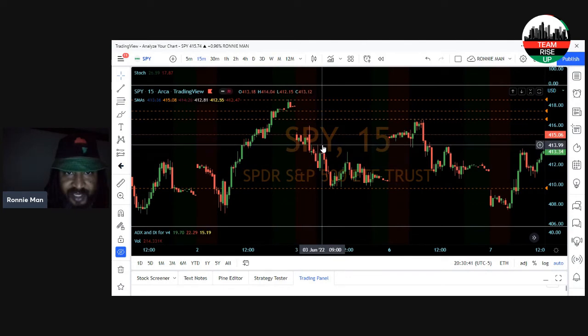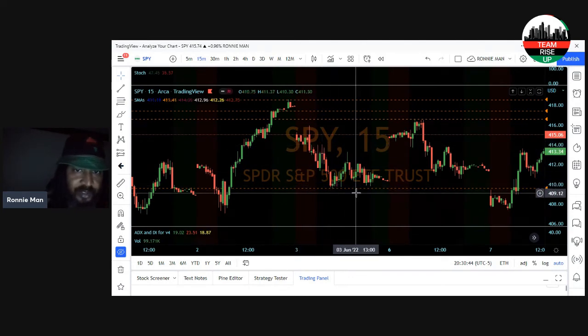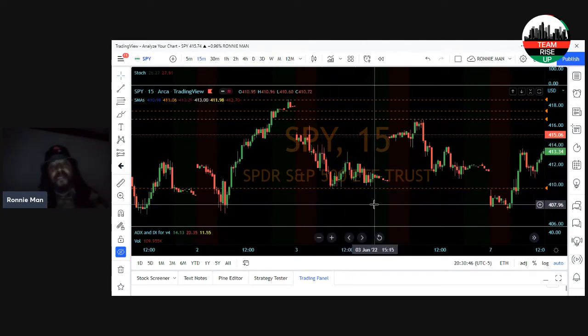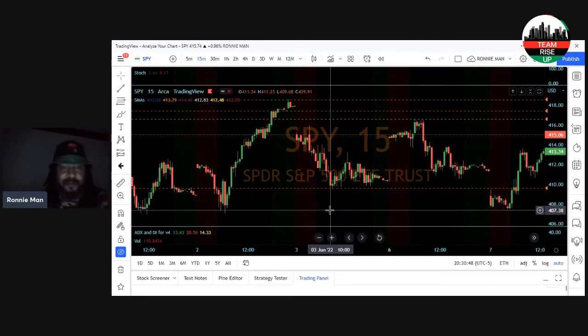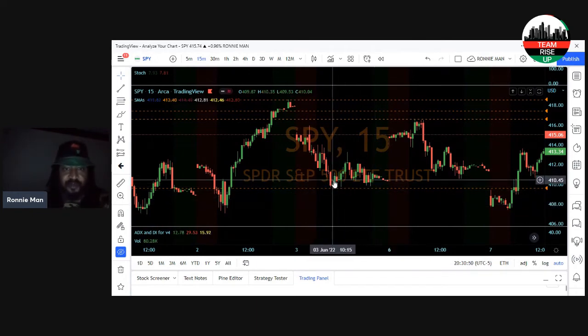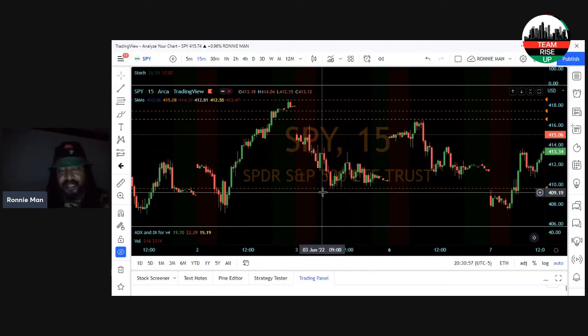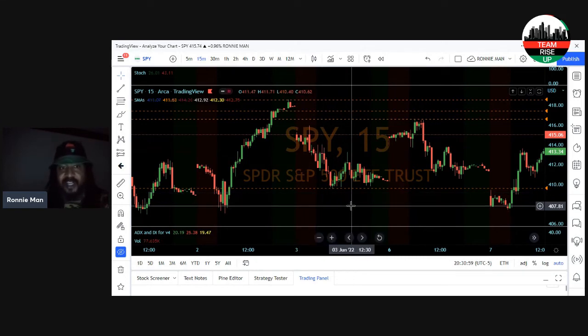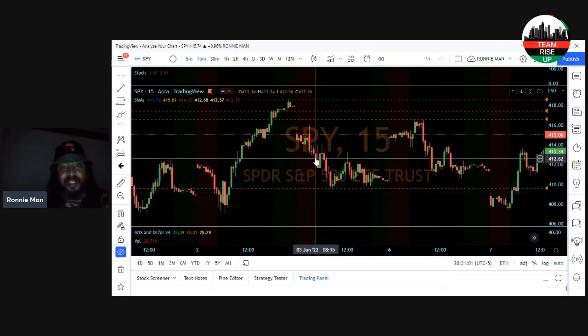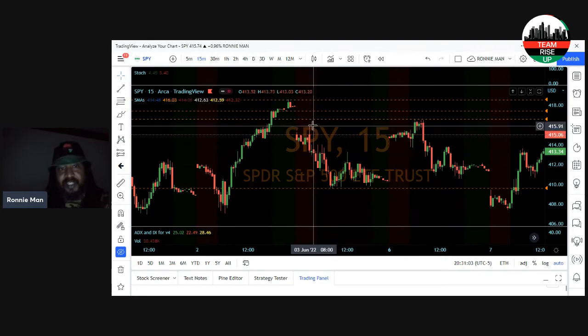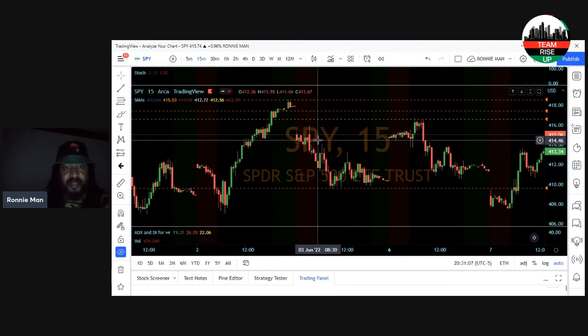It does the same move. Okay. Get out on this green candle or somewhere down here. It was a choppy day on Friday. Actually, it was a very choppy day on Friday.